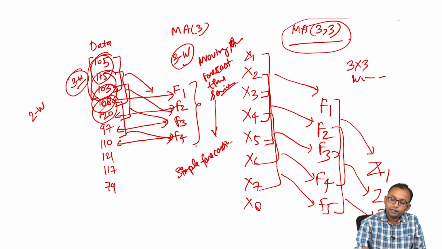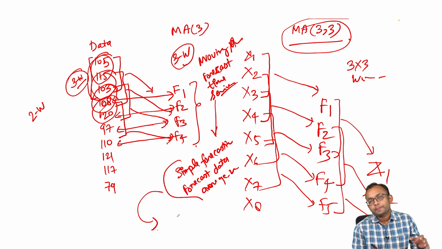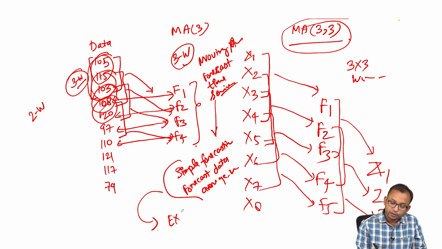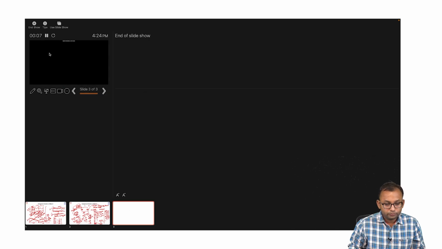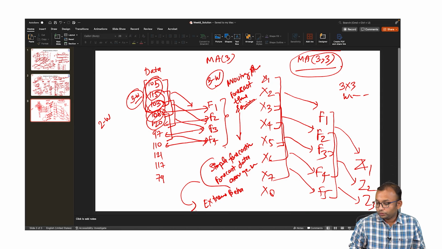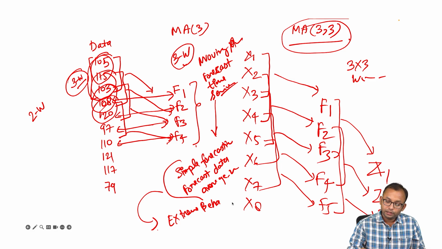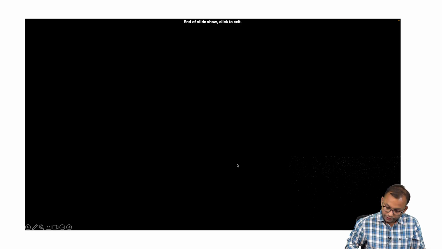The major thing is it will always forecast the data near your average values, which means if you apply these types of algorithms, the extreme behavior of the time series will change, and that basically gives you the average behavior of the data set.